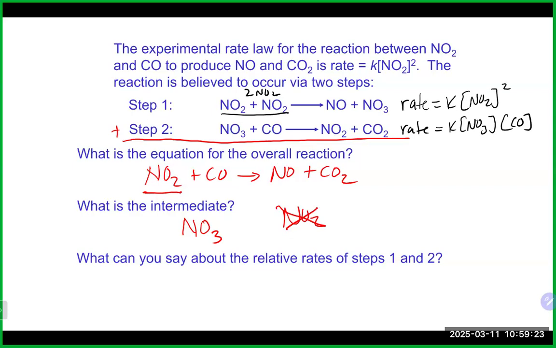Now, they also gave us the experimentally found rate law, that the rate is equal to k times NO2 squared. So when we look at the rate laws for the different steps of the mechanism, and we look at the rate law found experimentally, which step should be my rate determining step?